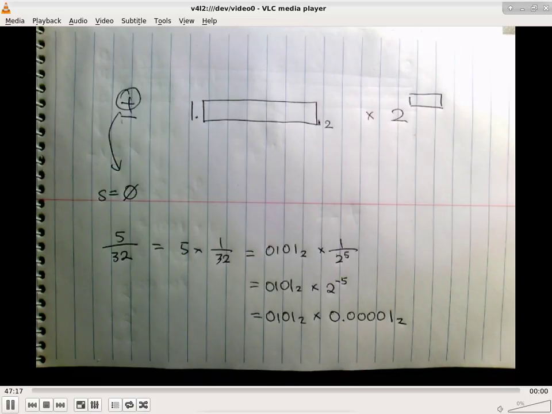Well, let's think about it. The digit to the left-hand side of the point is telling me how many 2 to the power of zeros we have, right? And we know everything to the left of that is 2 to the power of 1, 2 to the power of 2, 2 to the power of 3. That's going to the left-hand side.